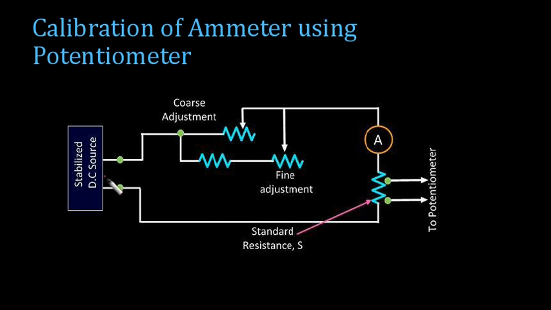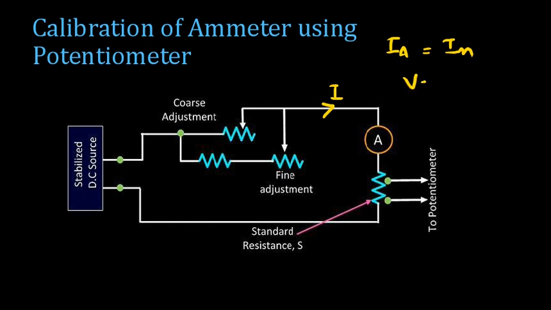Once we give the supply, some current I will flow through this, and this current I is measured by the ammeter. So the current measured by the ammeter will be the measured value, and across the standard resistance you will get a voltage.